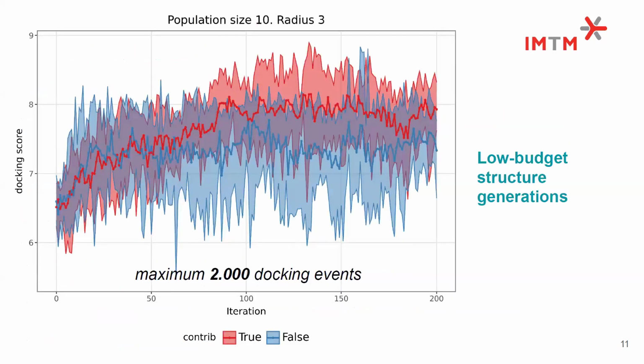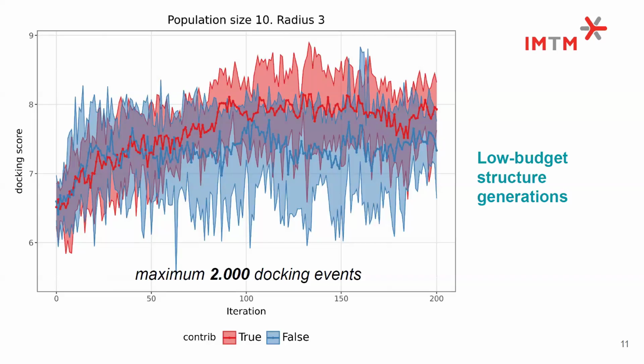As for results, we are starting from the low budget structure generation scenario. You can see the number of iterations on the X axis and the docking score on the Y axis. The red color stands for the genetic algorithm with atom contribution guidance, and the blue one for the regular genetic algorithm. Everything is the same, we just turned off the atom contribution.